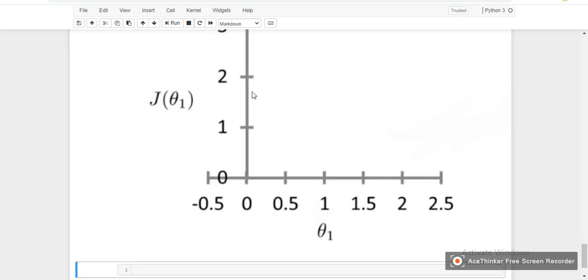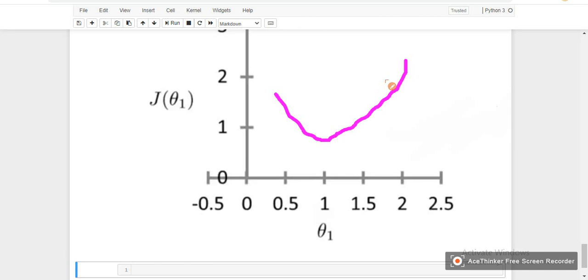Now let us assume this as the cost function of the model.